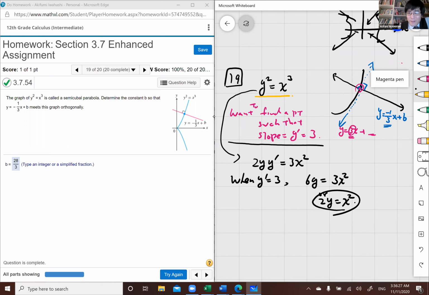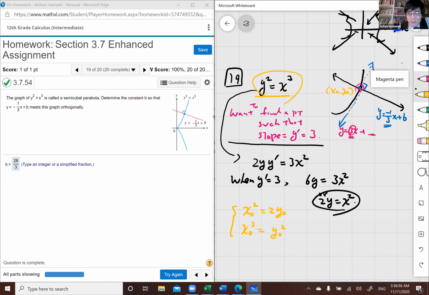Let's give a name to this point. Let's say this point is (x naught, y naught). Then that point must satisfy this equation. So x naught squared must equal 2y naught. But at the same time, this point is on this curve, so that point must satisfy this equation as well.